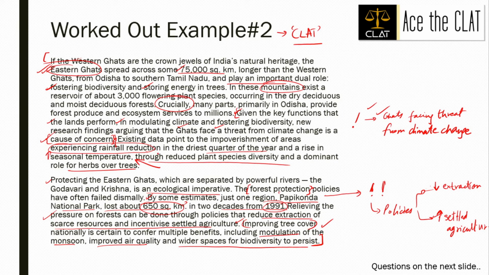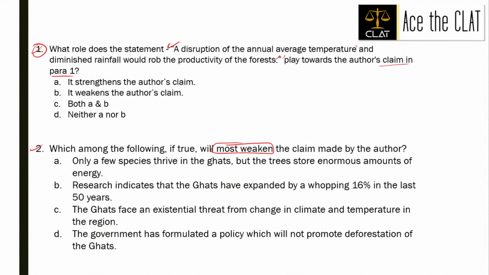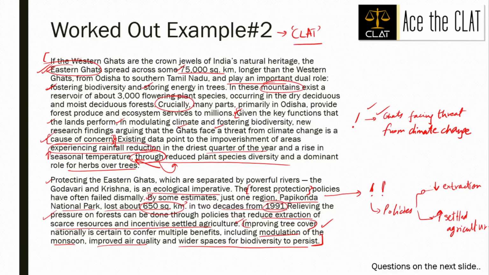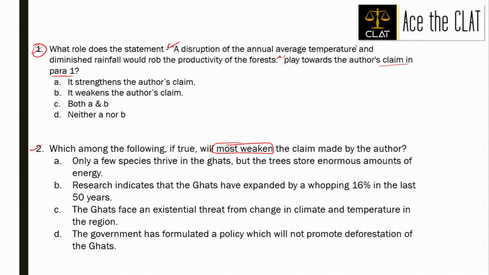rise in seasonal temperature? It says that it is through reduced plant species diversity and a dominant role for herbs over trees. Means that if the annual average temperature rises, the cause of that would be the reduction of plant species, right? And obviously, guys, when the diversity of the species of plant reduces, the productivity of the forest is bound to go down, right?